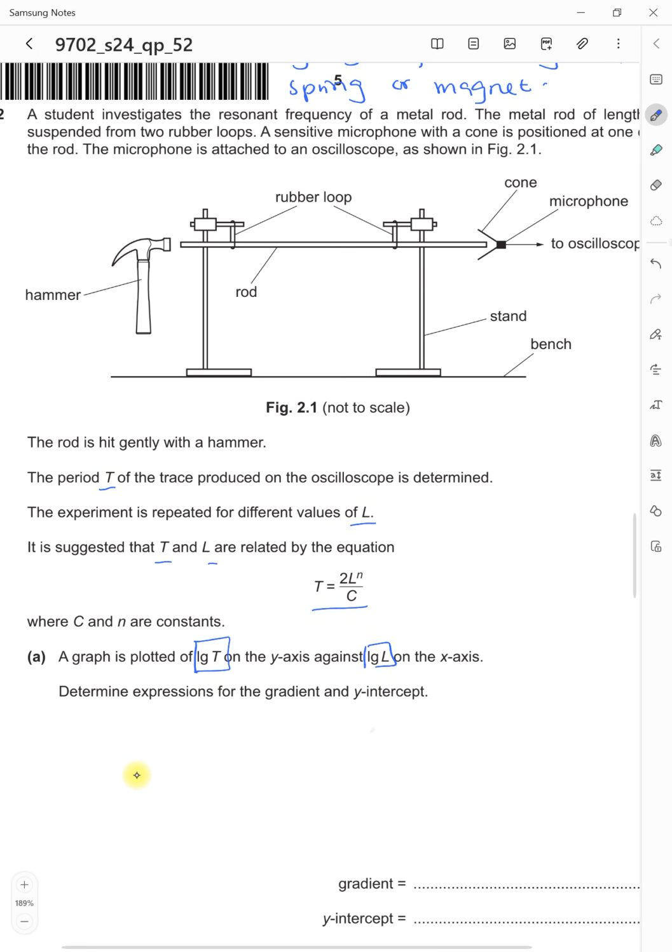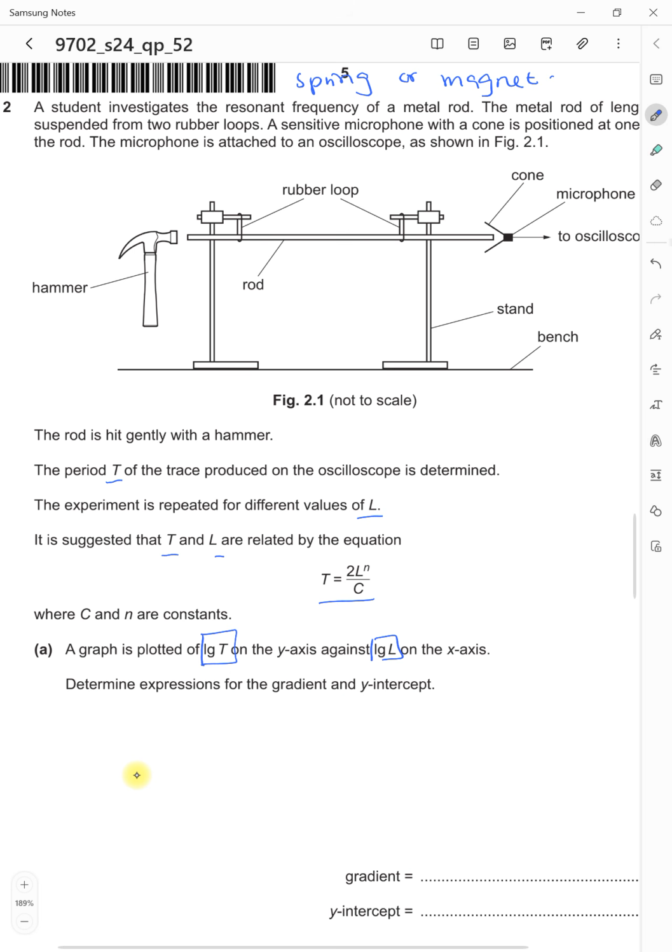So I'm going to introduce log on both sides. So it will be log of T equals log of 2 over C L power n, which is the same as log of 2 over C plus log of L power n.